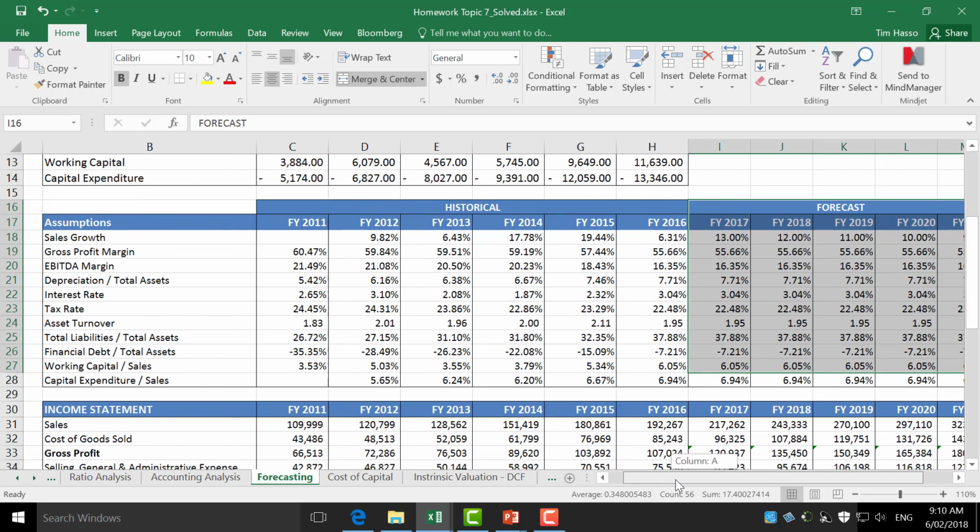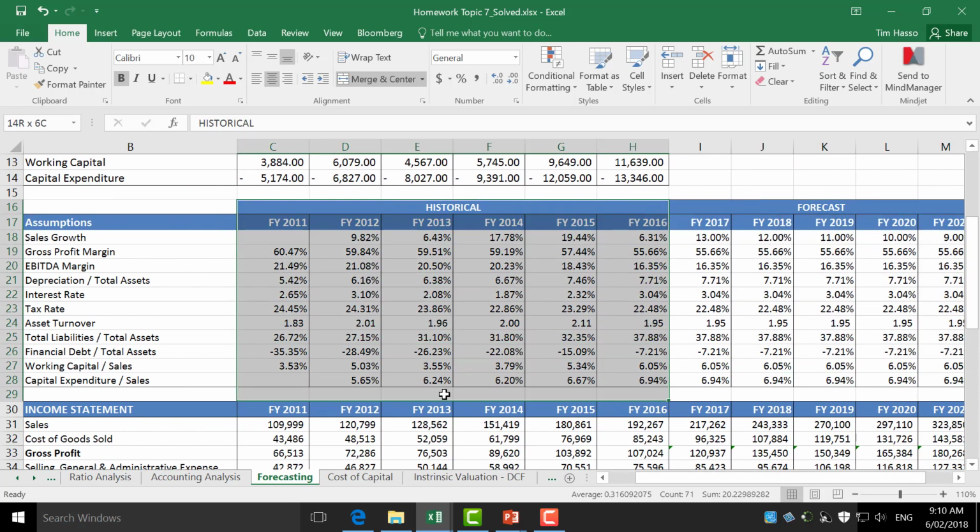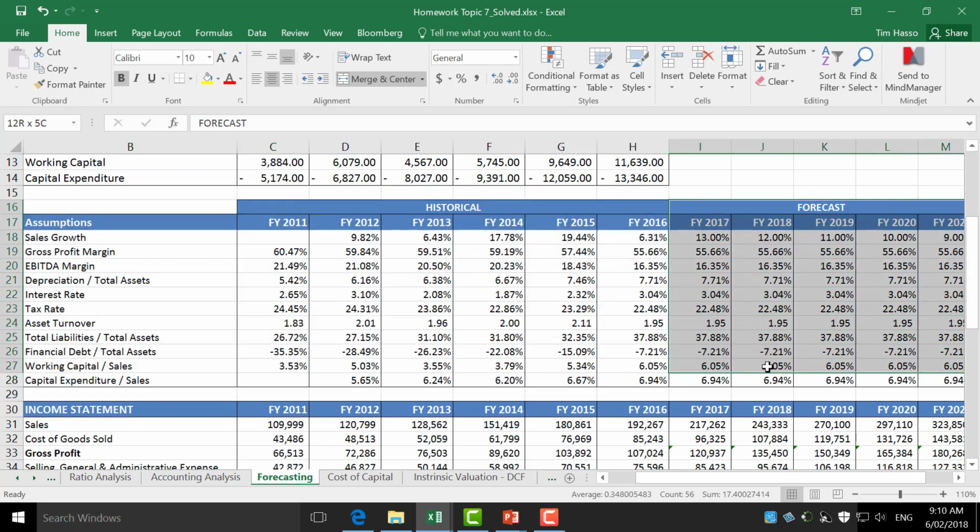The historical data and the forecasts that are driving our discounted cash flow analysis are based on the various ratios. This is what we started out doing last week already with the ratio analysis, trying to explain why things move up and down. And again, the reason why we're looking at it and the reason why we want to try to understand it is because we need to provide inputs for the forecast.